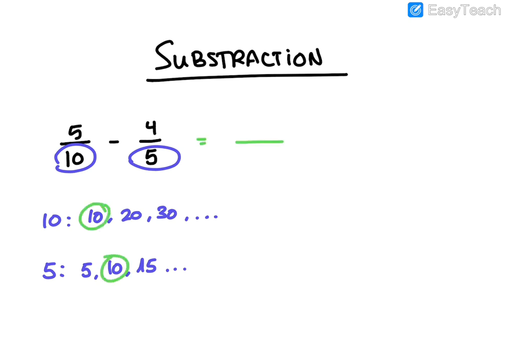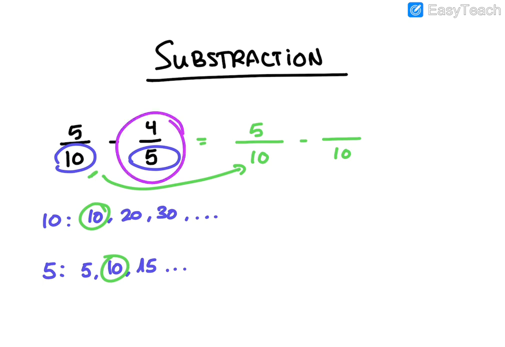So the new fractions that we're going to create are going to have this 10 here, okay? So this first fraction is going to be exactly like this one, so we are going to write the same numbers. But the second one is going to be equivalent to this one. Here I've got a number 5, and here I've got a number 10.